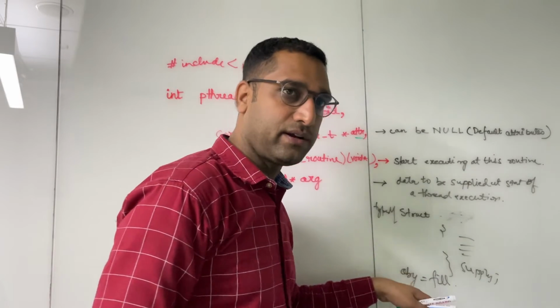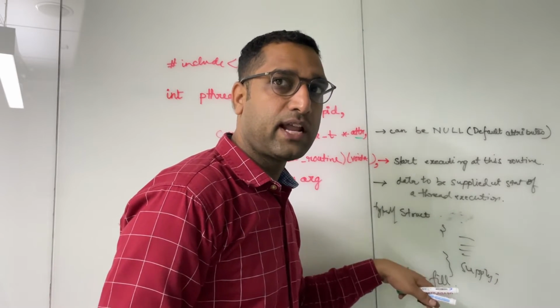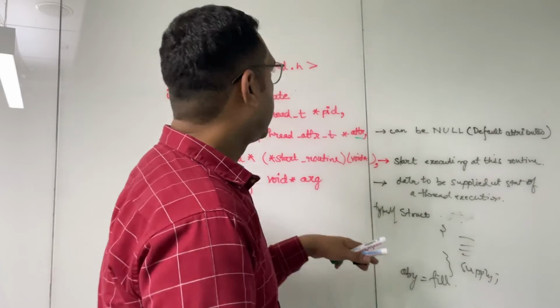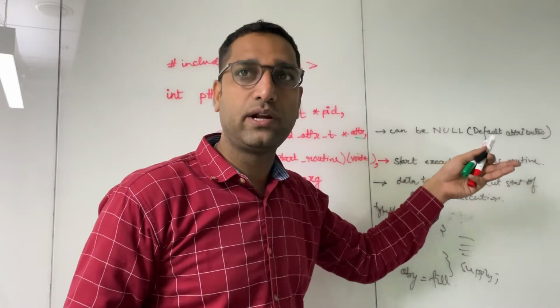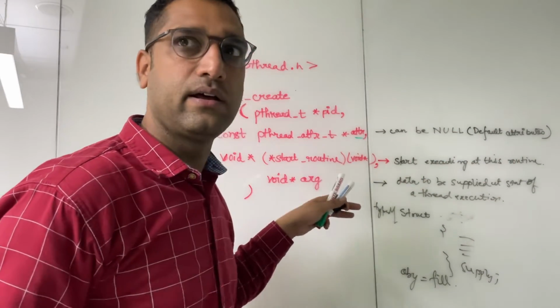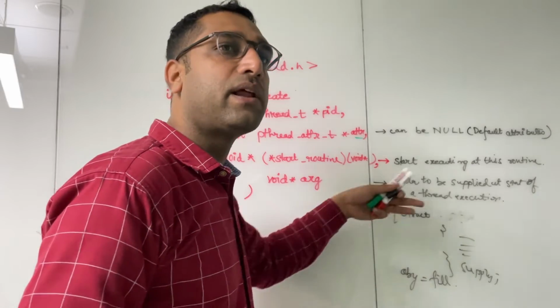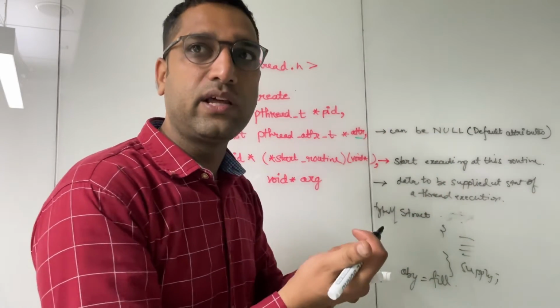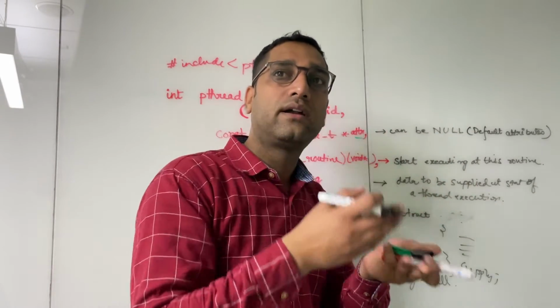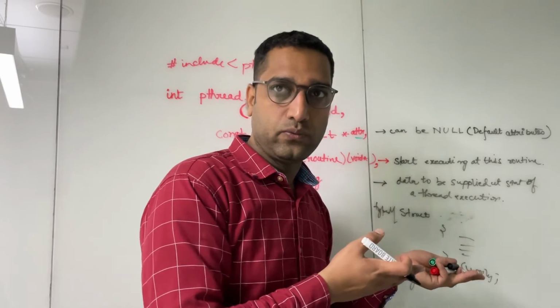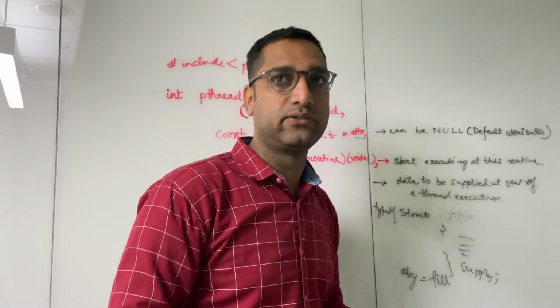Sorry, it has to be a pointer. Dynamically allocate the pointer, that's the only way it will go into the data part, and you can supply it here. After typecasting into void, you supply it. The start routine will then again typecast it into that structure and use the data.